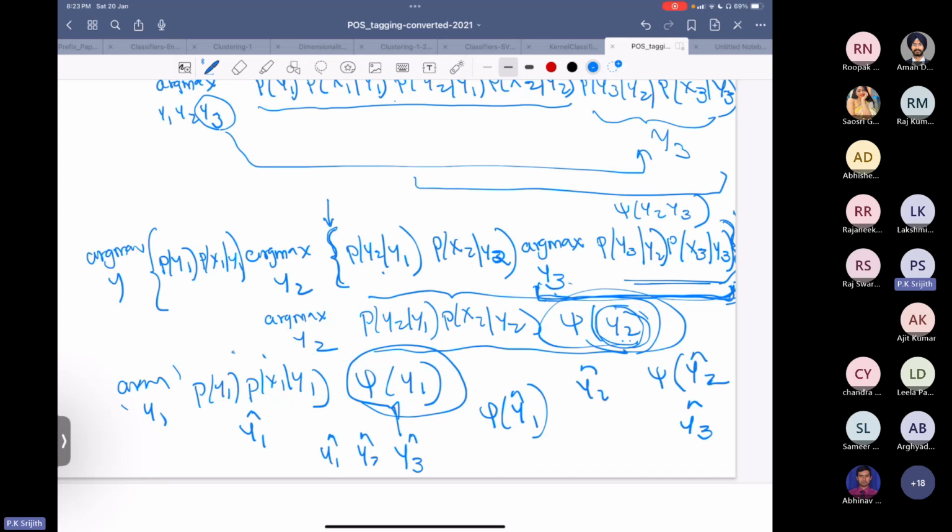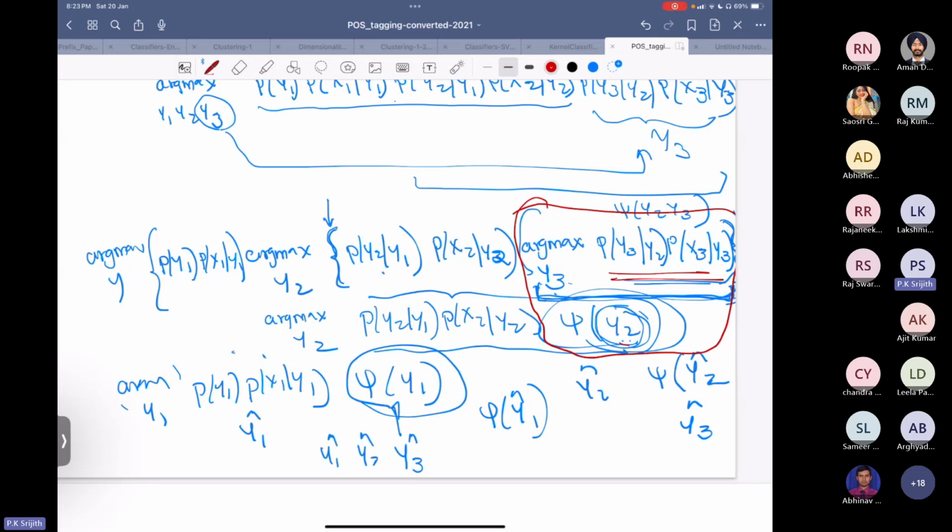In a sequential, step-by-step manner, it tries to find the optimal tag sequence. If you look at this particular operation that allows you to form this table, function psi of y2, what you need to do is evaluate this.